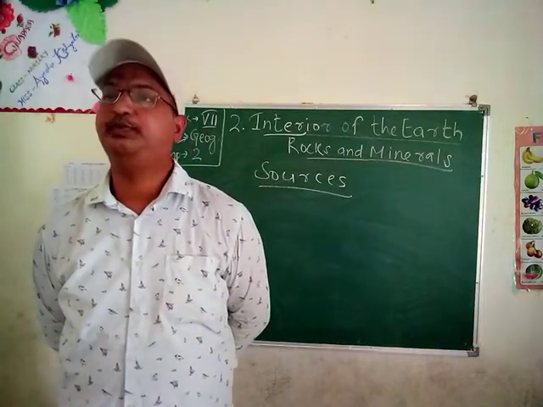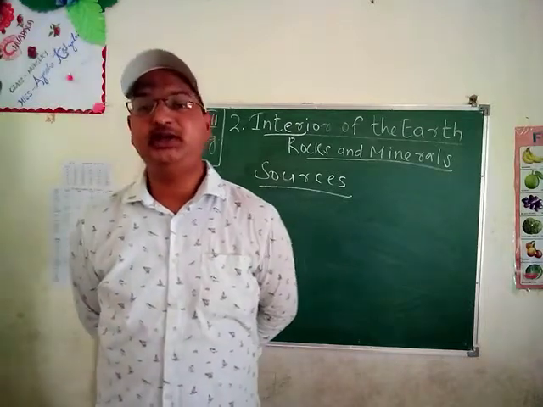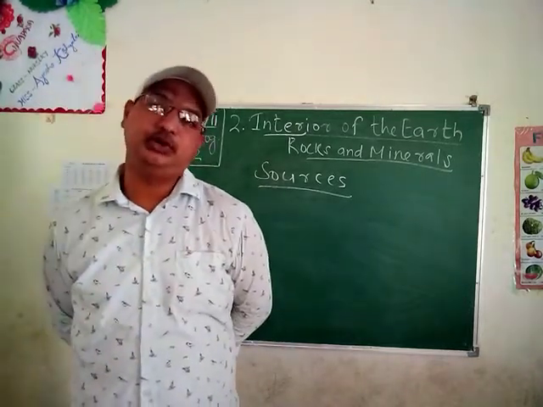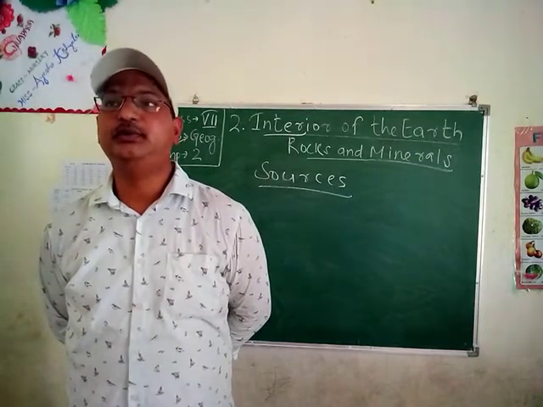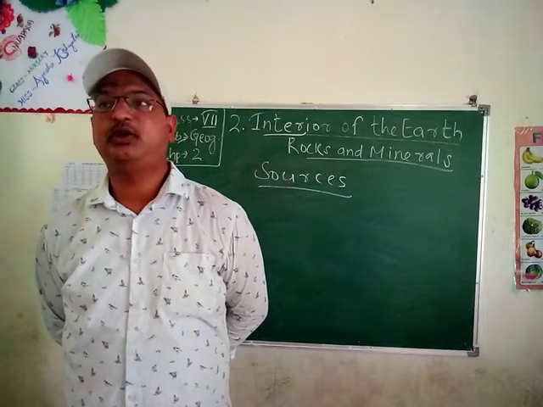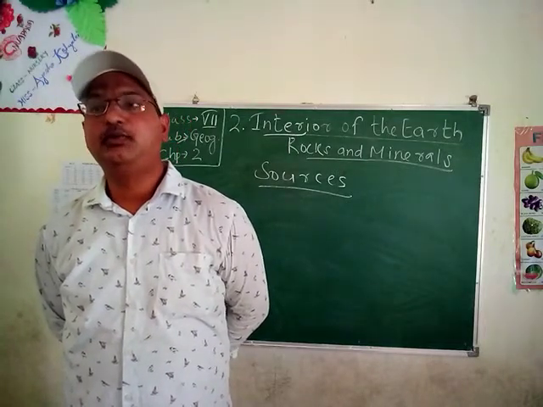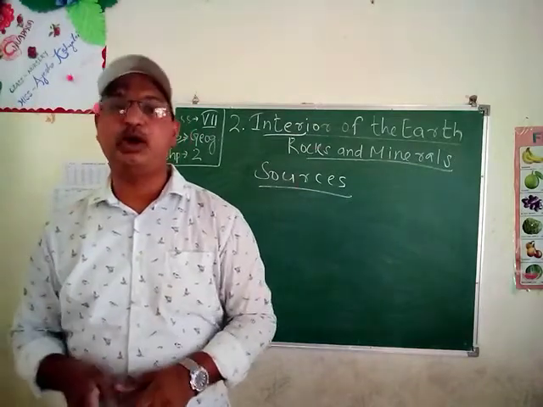But volcanic eruption is the most vital and paramount source of information about the earth. It is a limited source of information because it can only tell us about the nature of the material, that is, the molten material which comes out from the volcanic eruption, called magma.